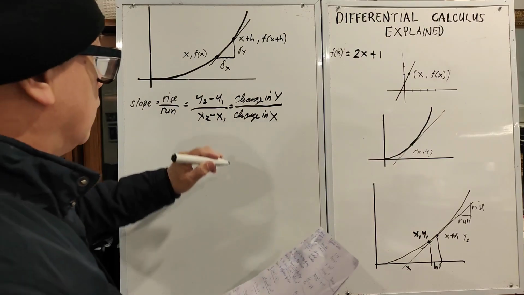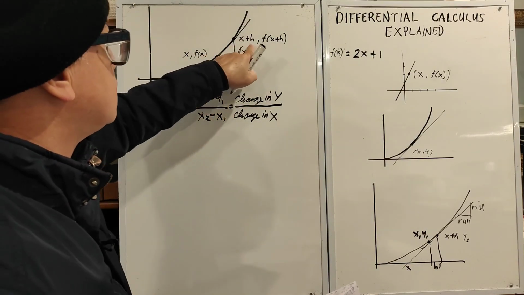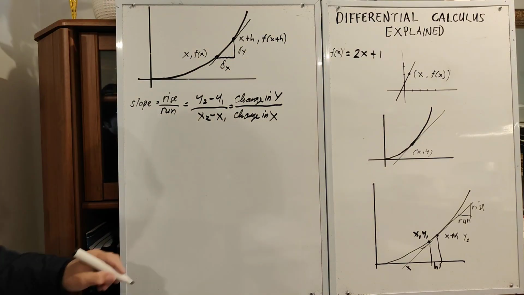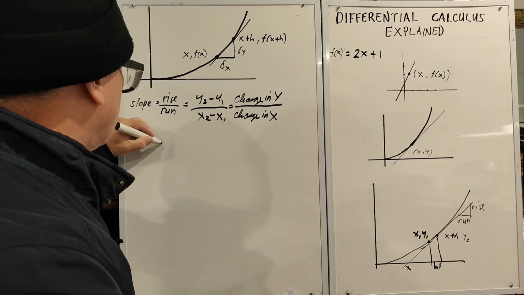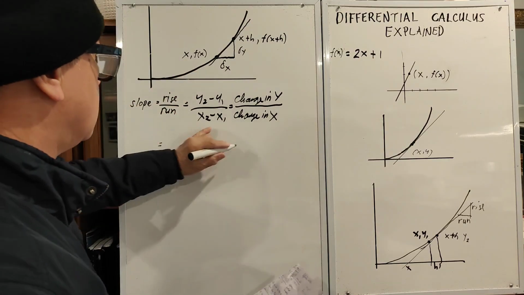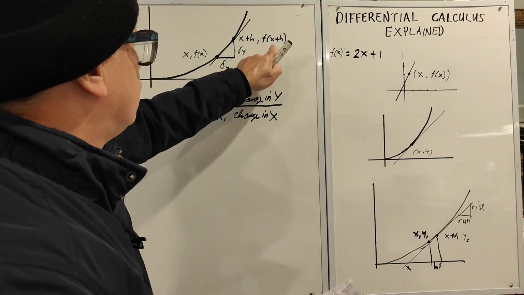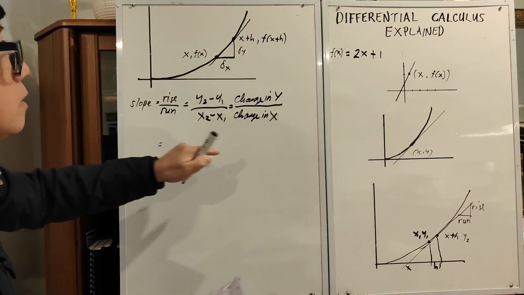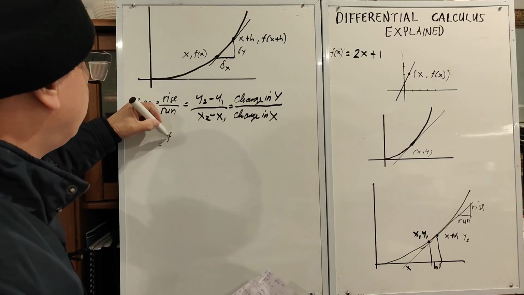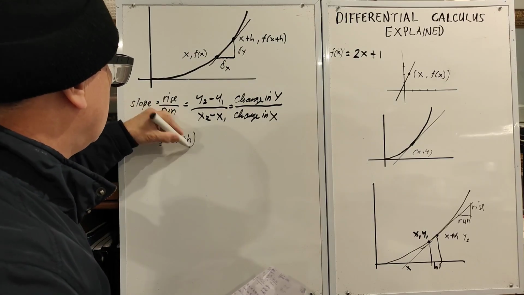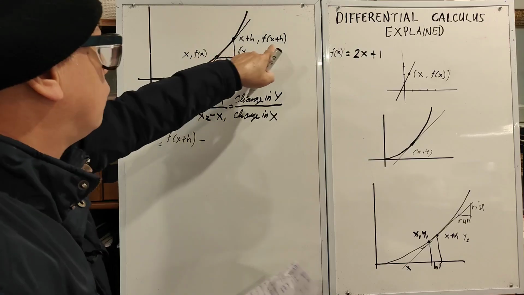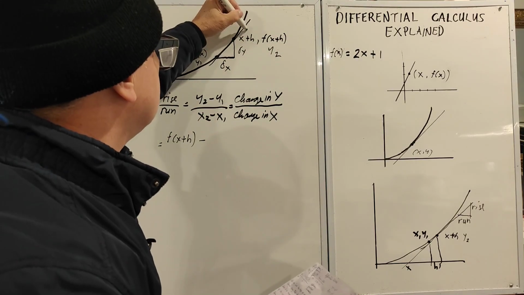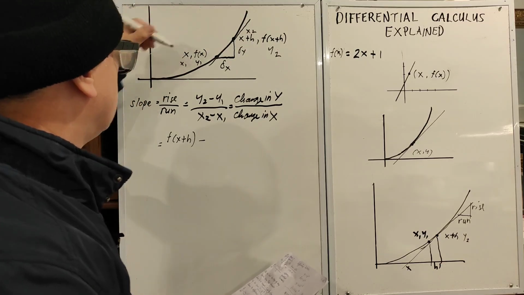Now, let us use these points to get the slope. We can now rewrite the slope as y2 minus y1. So we will rewrite this as f of x plus h minus f of x, since this is y2, this is y1, this is x2, this is x1.